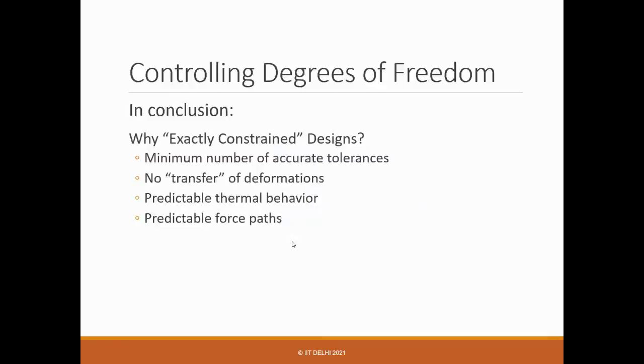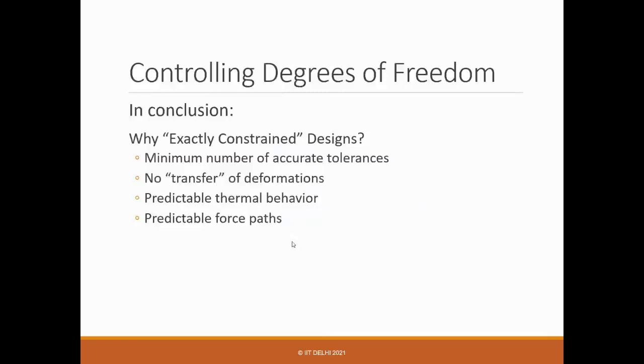That's one take. Another take is there is no transfer of deformation. We are not transferring deformations, right? If it's getting generated, we are removing it by selecting or designing suitable flexures. Predictable thermal behaviors, we are talking about the thermal centers, and we can very much understand what the thermal behavior will be.